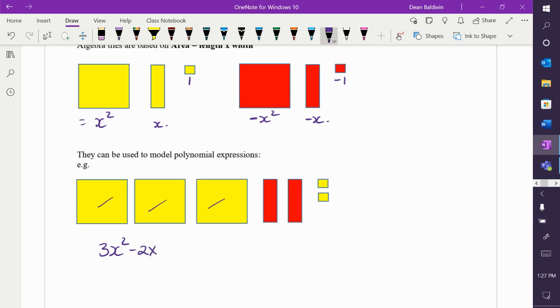And what do the tiny little squares represent? 1. How many of them do we have? 2. Are they positive or negative? Positive, so it's plus 2. So those 3 squares, 2 rectangles and 2 boxes represent 3x squared minus 2x plus 2. That's how that polynomial is written in algebra tiles.